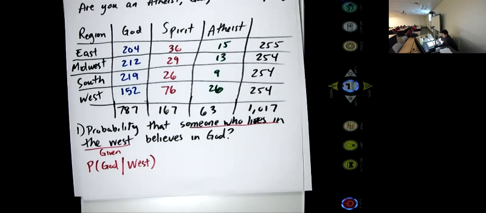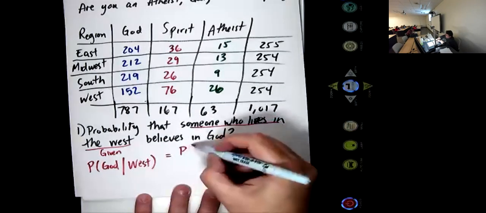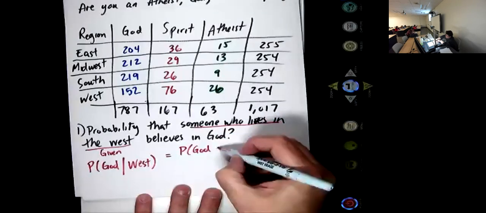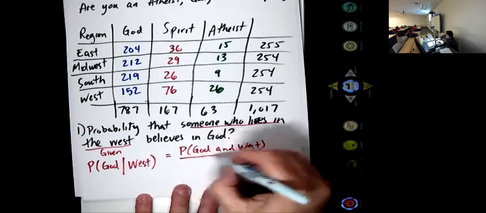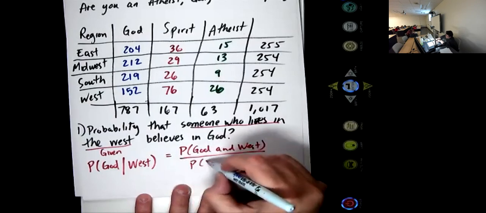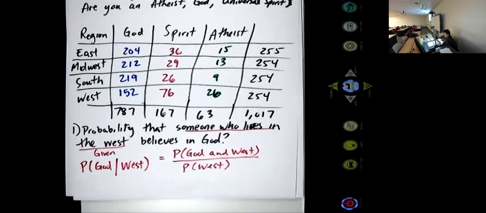So this is the probability of both, God and West, over the probability of West, by that stupid equation. I know, you all think it's stupid.